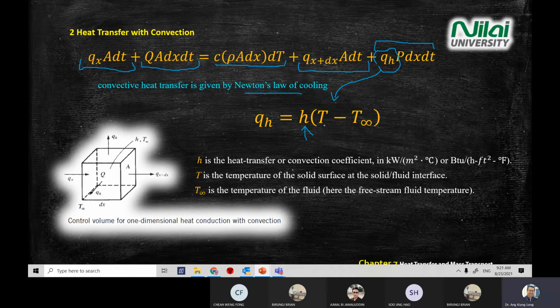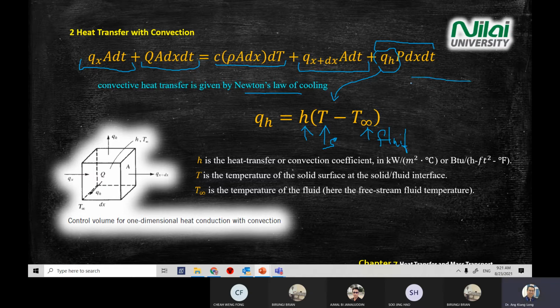And T is the temperature at the solid, or the interface. And T infinity is the fluid temperature.